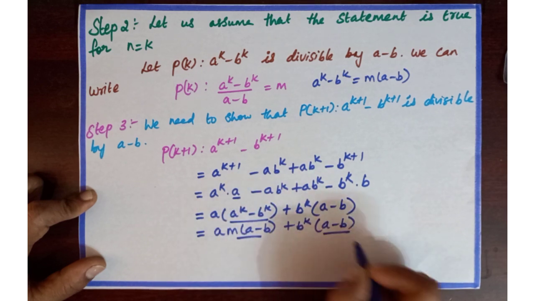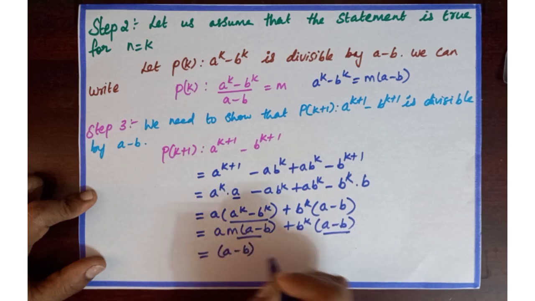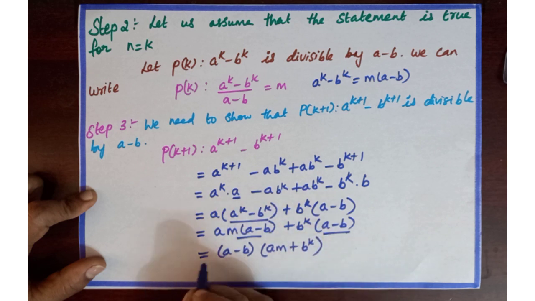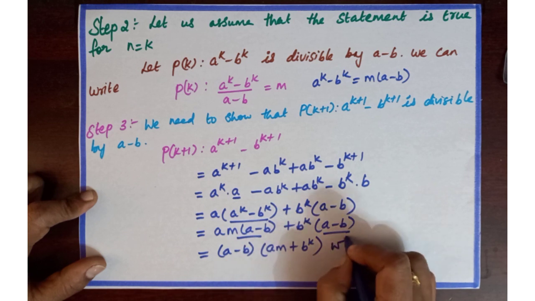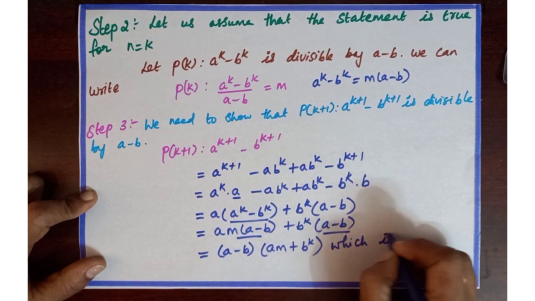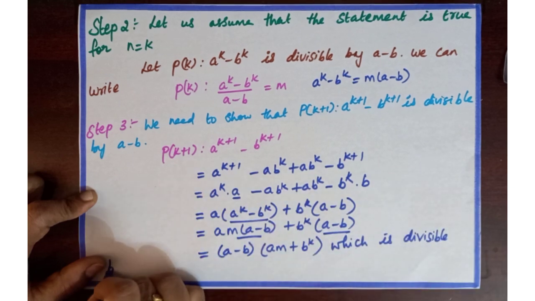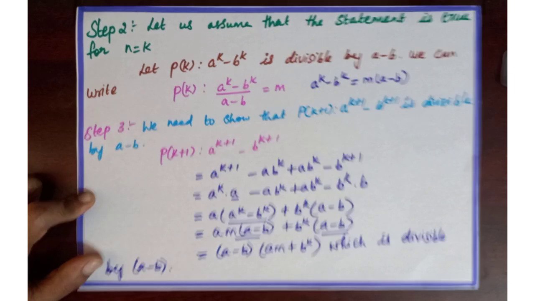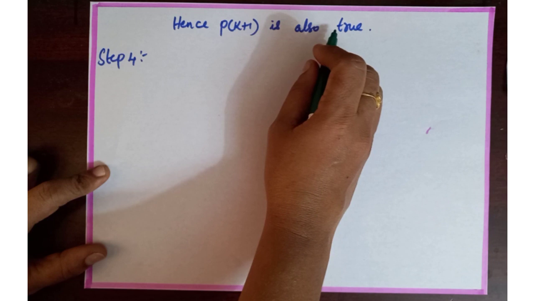In these two terms, I am going to take a minus b commonly out. Then I will get a minus b into a m plus b power k, which is divisible by a minus b. Hence, p of k plus 1 is also true.